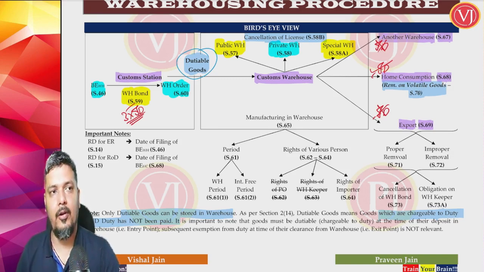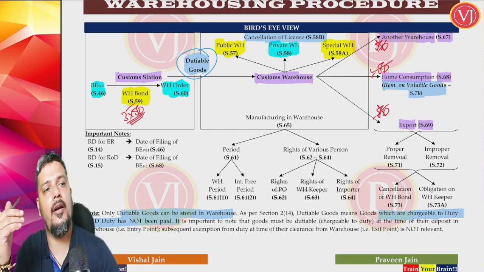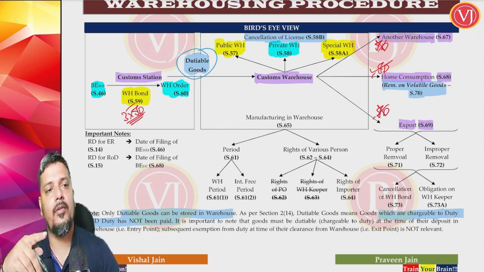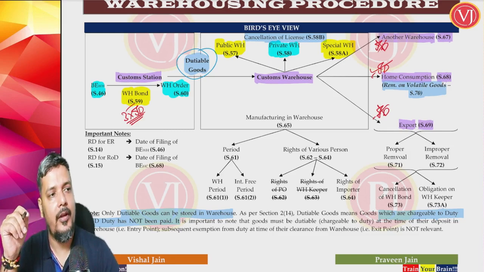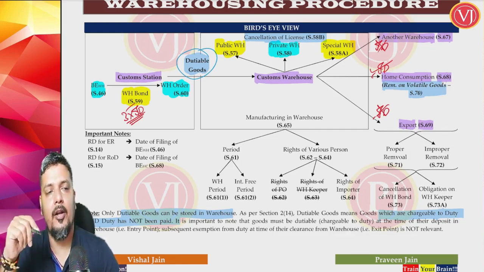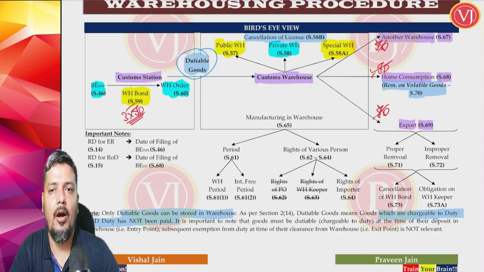So your outward entries from warehouse are 67, 68, 69: warehouse to another warehouse, warehouse to home consumption, and warehouse to export, respectively. And when you're clearing for home consumption, only there you pay import duty. That has to be read along with remission of duty on volatile goods. So you may get some remission on volatile goods. So section 68 read along with section 70.